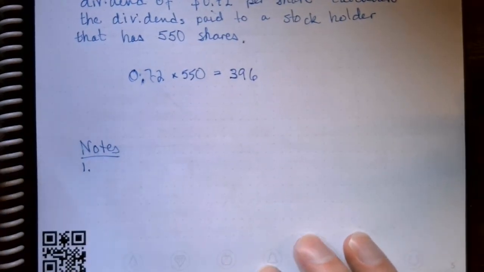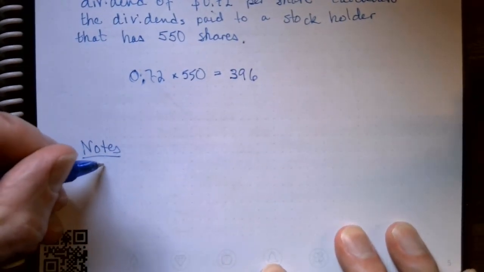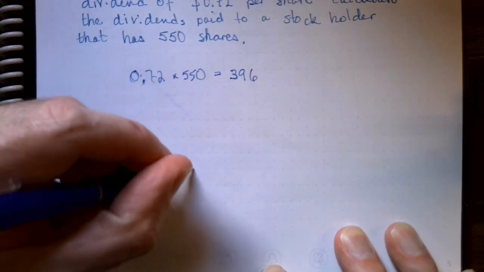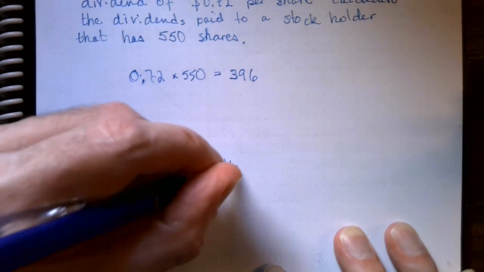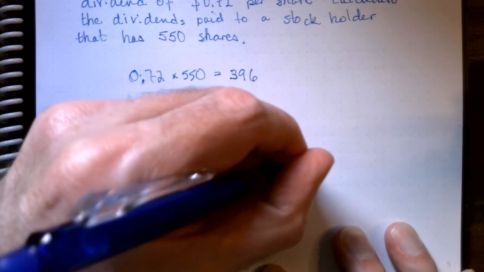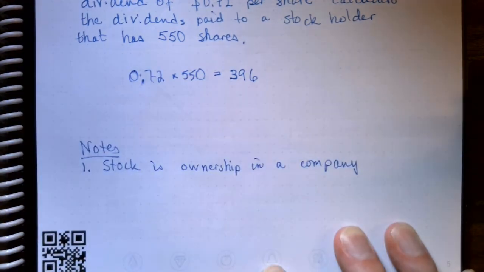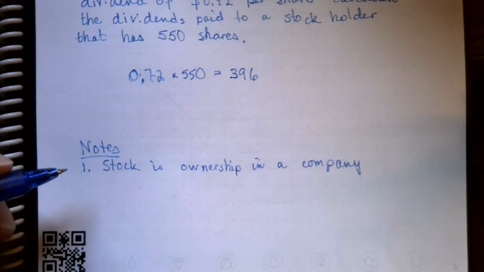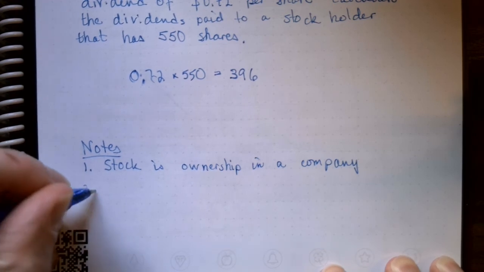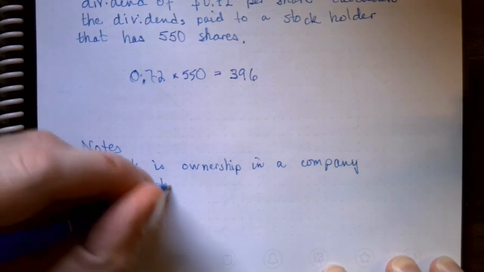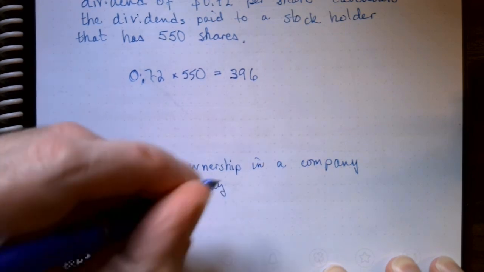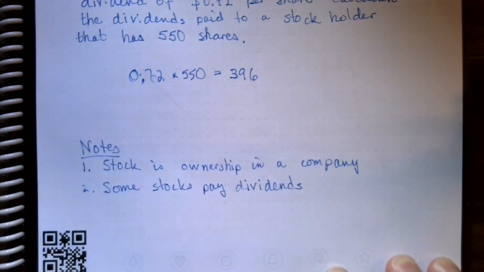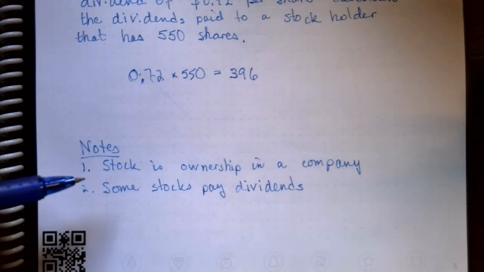Okay, so just some general notes. Stock is like ownership in a company. If you buy a share of stock in a company, you own a little piece of that company. Some stocks pay dividends to shareholders.